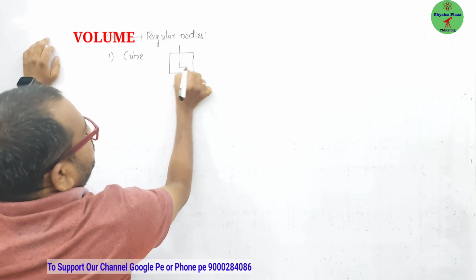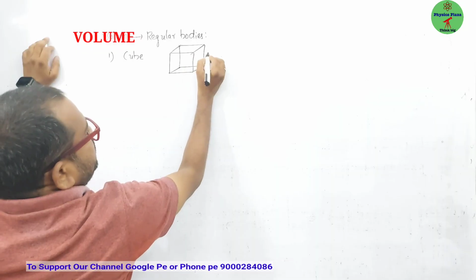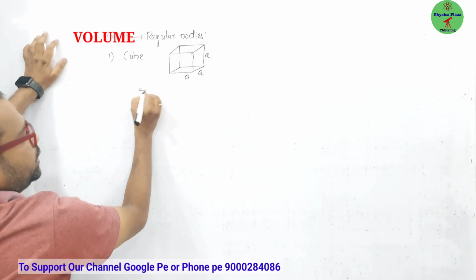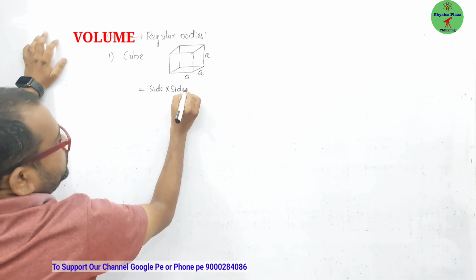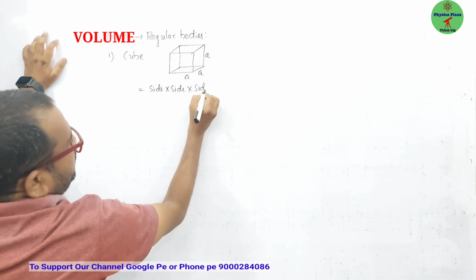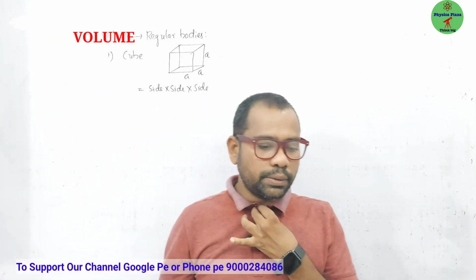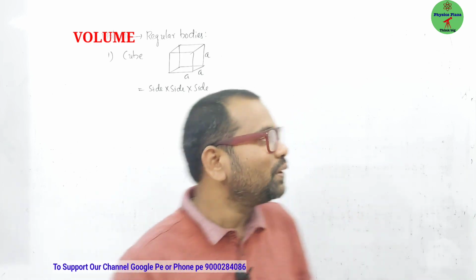Just now we discussed, right? Each side must be the same. So for a cube, volume is side into side into side. Just multiply the three sides, and you will get the answer either in cubic centimeter or cubic meter.